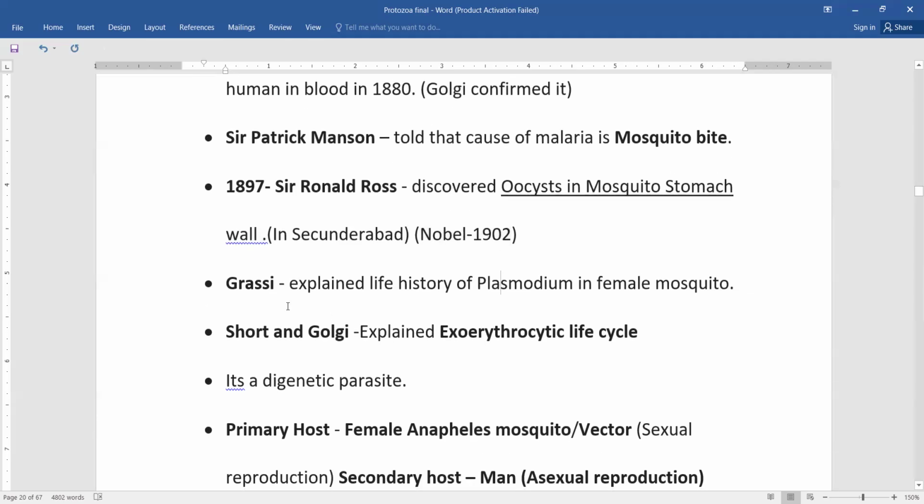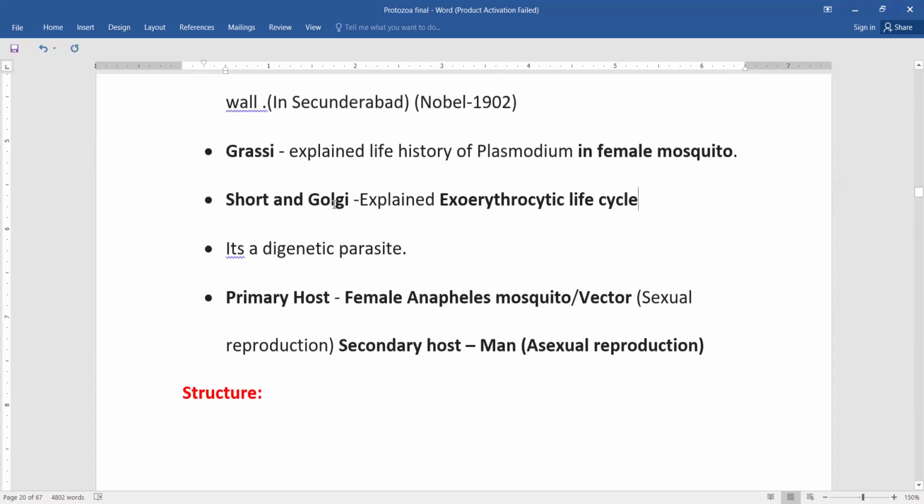Grassi, another scientist, explained the life history of Plasmodium in female mosquito. Then Short and Golgi explained the exoerythrocytic life cycle. There are different kinds of life cycles. Plasmodium is a digenetic parasite.